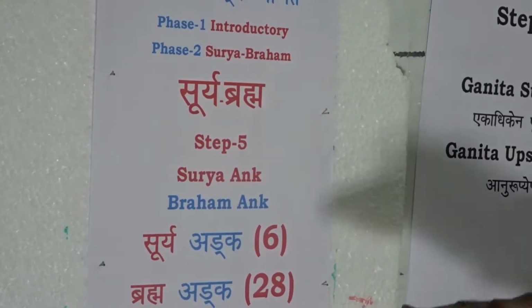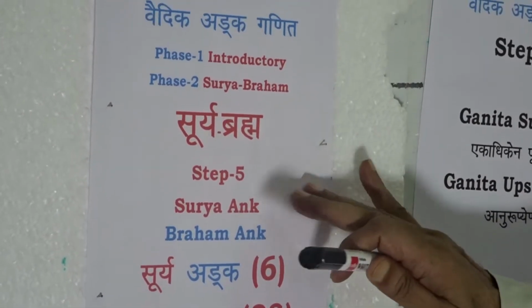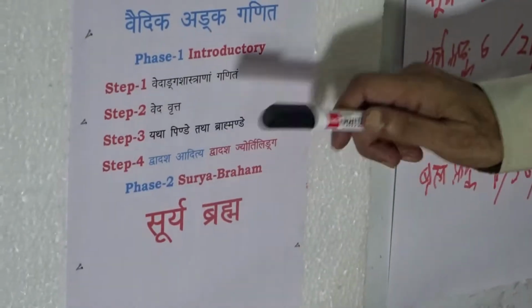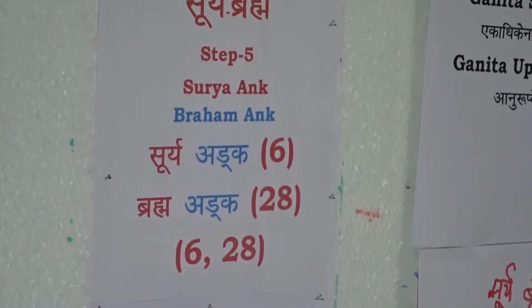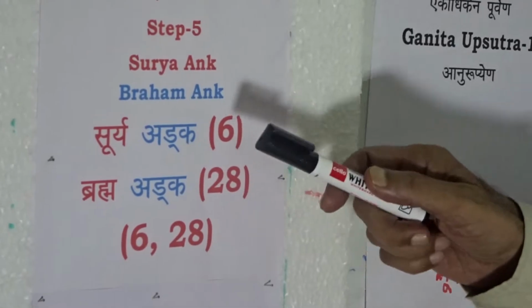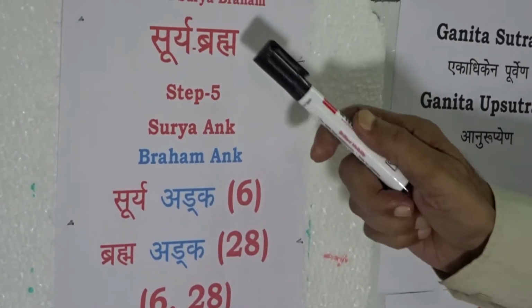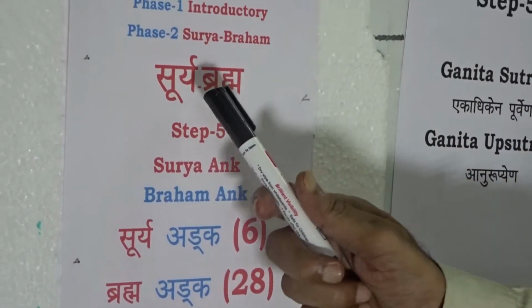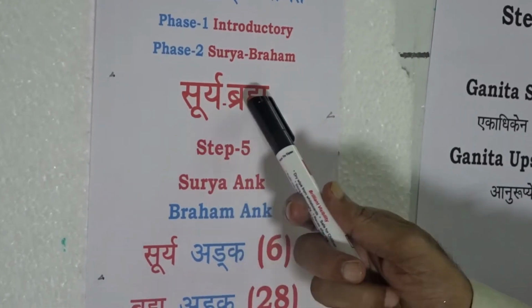In present step 5, in continuity of the 4 steps of phase 1, which in fact is going to be the first step of the second phase, the title is Surya Brahm.